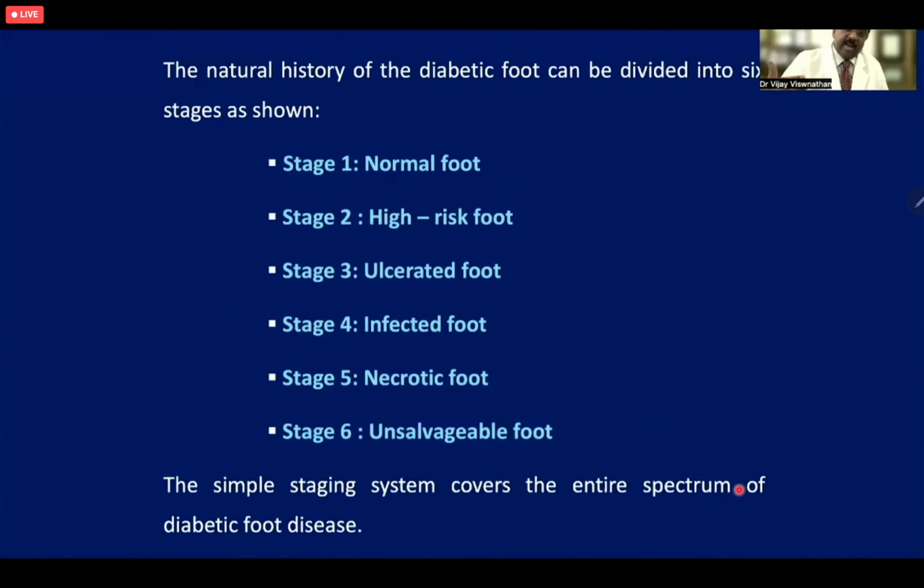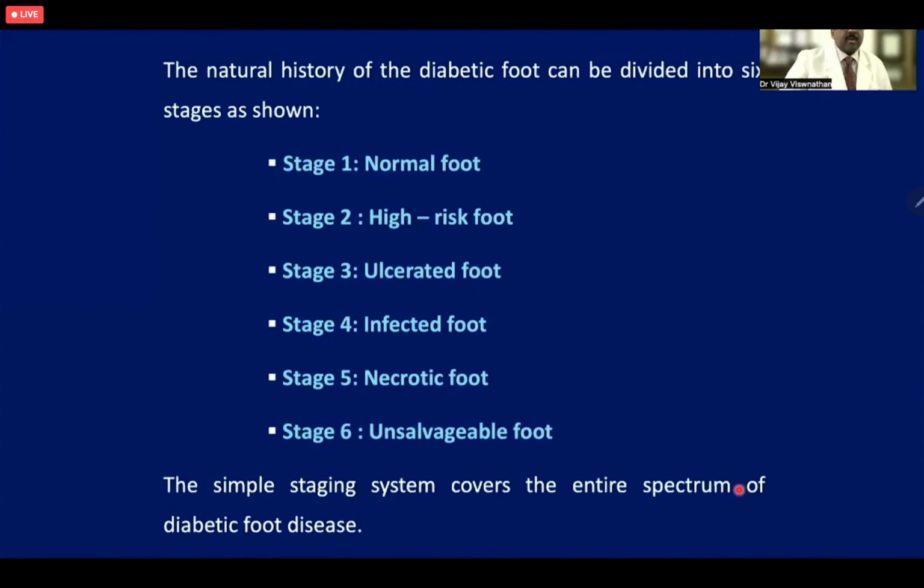So the first two stages, physicians are involved because we are dealing with people who have normal sensation and people who have normal blood supply. The high risk foot is when people have loss of protective sensation or they have peripheral artery disease, loss of blood supply. For stage 3 and stage 4, we need the surgeons to come into the picture. They have ulcerated foot and infected foot.